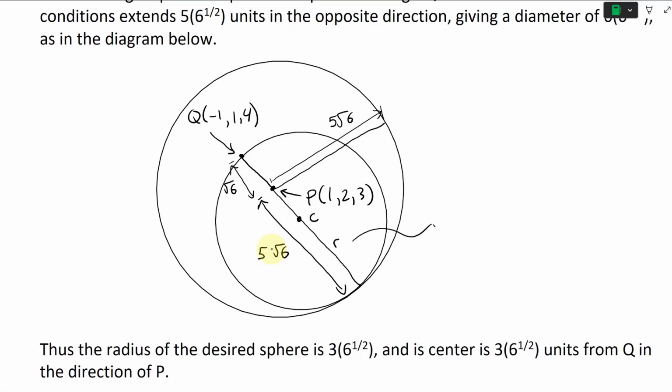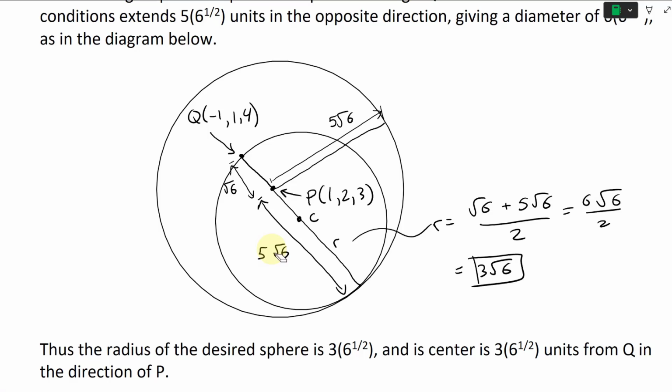The r is going to be equal to the full diameter, square root 6 plus 5 square root 6, all divided by 2. Adding those up, we get 6 square root 6 over 2, which equals 3 square root 6. So that's our desired radius.